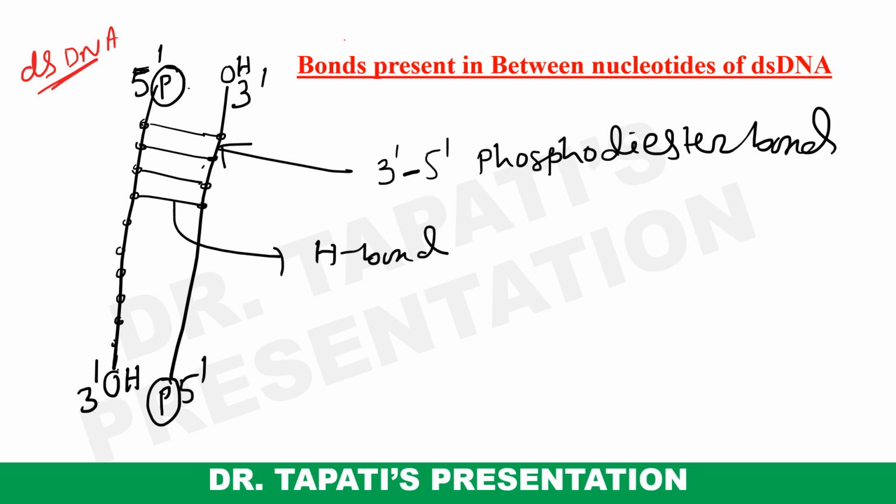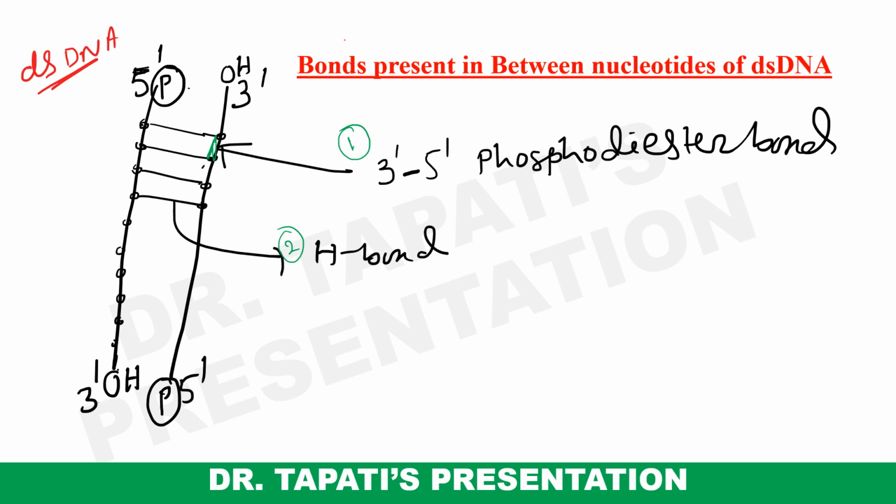Nucleotides in DNA are linked together by two main types of bonds. The first one is the phosphodiester bond, that means 3' 5' phosphodiester bond, and the second bond is the hydrogen bond. If you consider the phosphodiester bond, these covalent bonds form the backbone of the DNA molecule, and they connect the 3' carbon atom of one sugar molecule, that is deoxyribose, to the 5' carbon atom of the next sugar molecule.